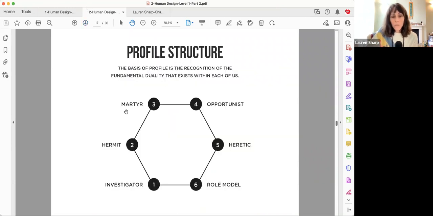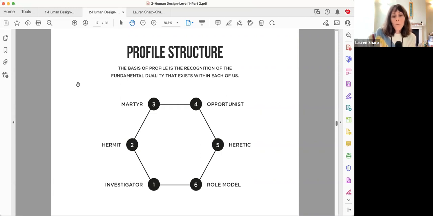Now, the profile structure basically has 6 points, and each of those has a different energy vibration to it. And you're made up of 2 of those. Keeping in mind, as my example, I was that 4-6.